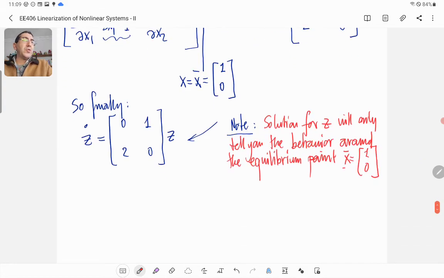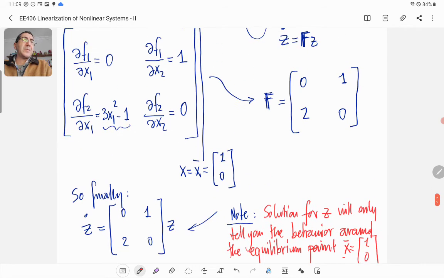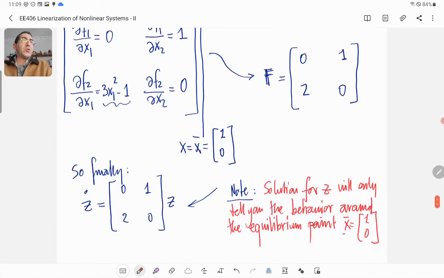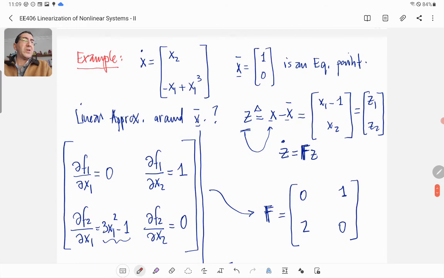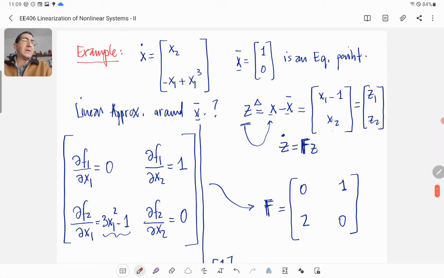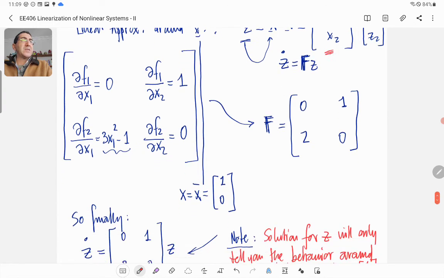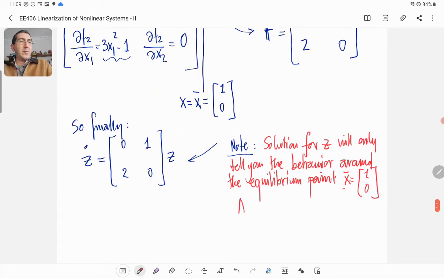If you wanted to find the behavior of x around the equilibrium point, you also need to use this equation. We have z1 is equal to x1 minus 1, therefore x1 is equal to z1 plus 1.